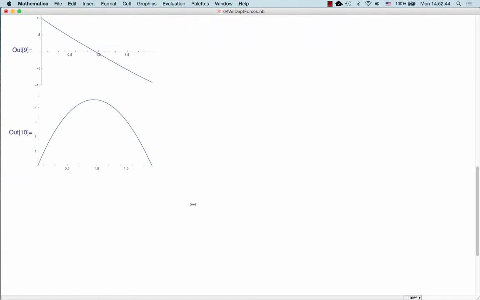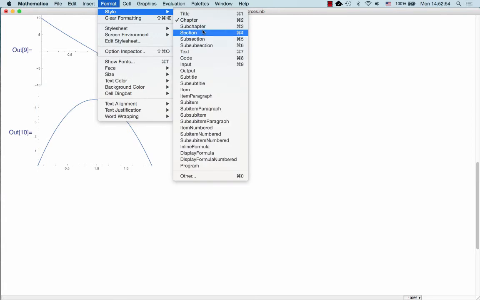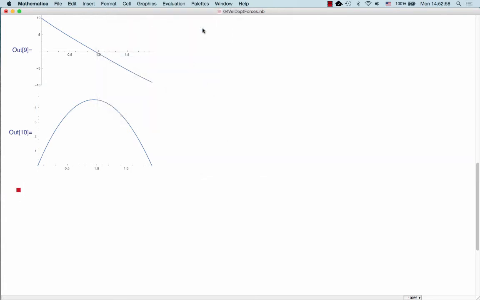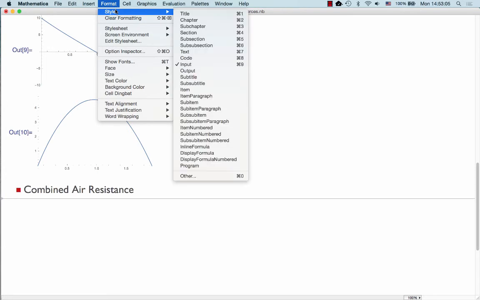Let's go ahead and do the combined. Format, again, subchapter. And then I need an input cell.